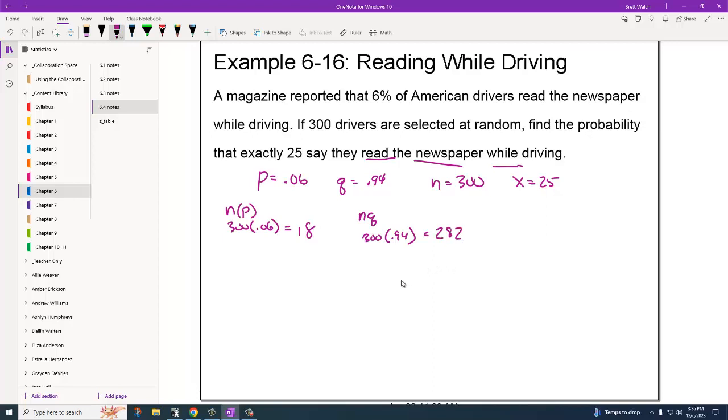Both of those numbers are bigger than or equal to 5, so I'm okay to go forward. The next thing I need is the mean, which is always going to be np, so it's 18. And I need the standard deviation, which is the square root of n, 300, times p, 0.06, times q, 0.94. All of that inside the square root.